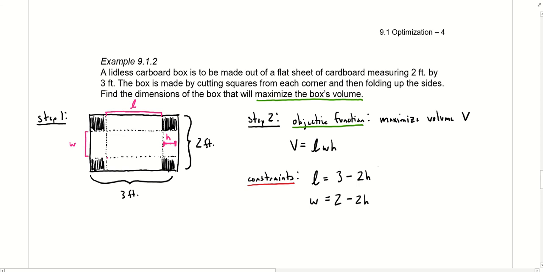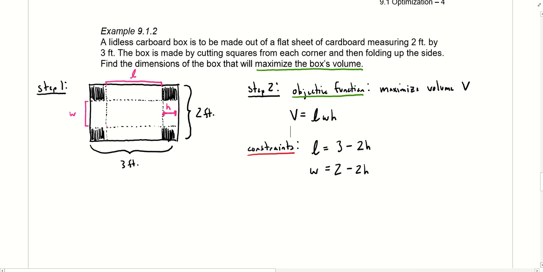Now, the reason I'm phrasing both of these constraint equations in terms of h is because, again, what I want to do in step 3 is I want to use the constraints to rewrite my objective function in terms of just one variable. And so now here in step 3, the way that I've written these constraint equations is I can actually now write my entire volume equation in terms of h, my one variable.